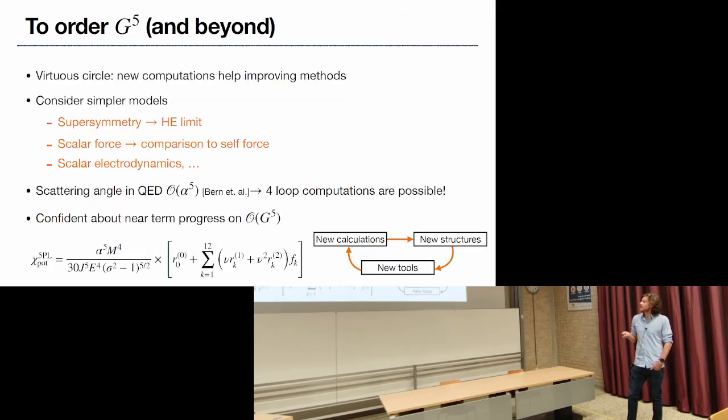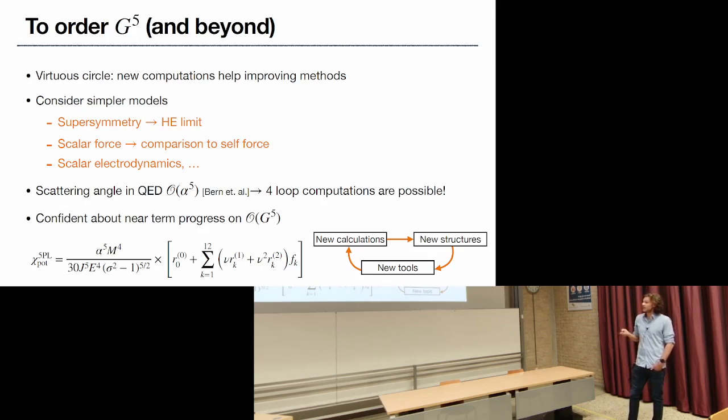And what we recently did in order to get some handle on improving and making these computations at the next order is by going to a simpler problem. We considered scalar electrodynamics at the 5th order in the fine structure constant. And by this, we basically showed that 4-loop computations are actually possible in the setup.